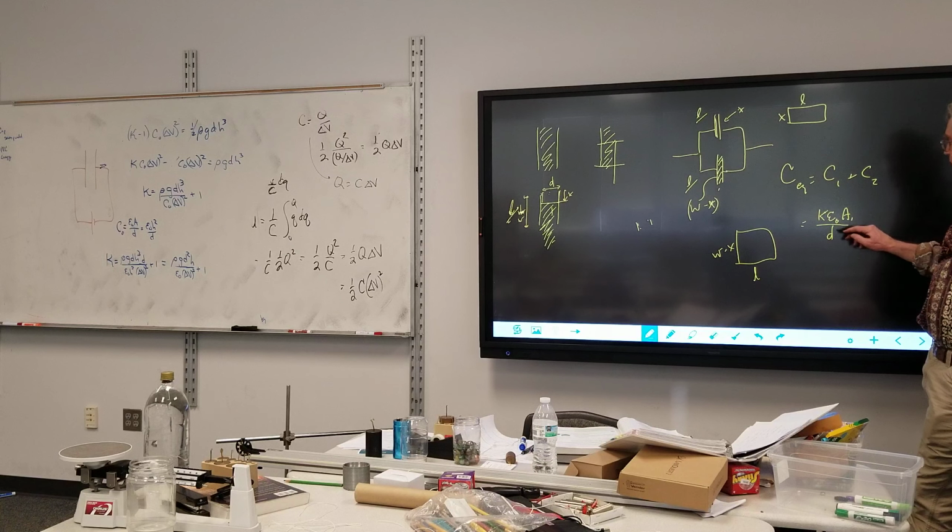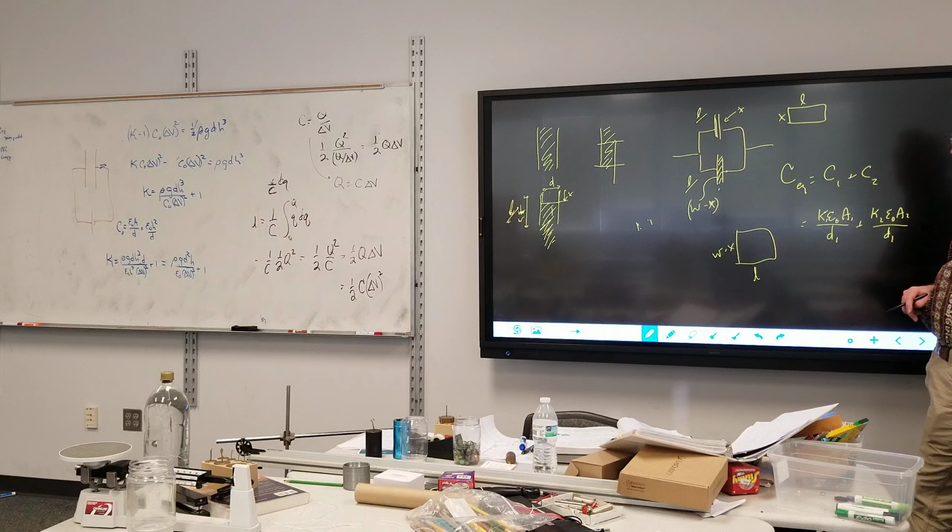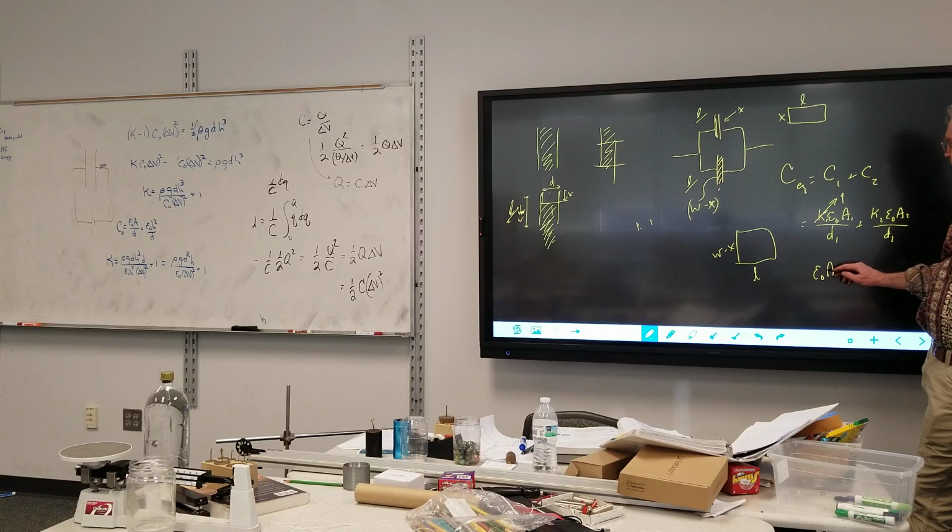So that's kappa 1 epsilon sub naught A1 over D1, plus kappa 2 epsilon sub naught A2 over D2. D is the same for both, in theory. Kappa 1 is 1. It's air, it's 1.000 something, close enough to 1. So I have epsilon sub naught A1 over D, plus kappa 2, or I'll just write kappa, that's what we're trying to find in that lab.